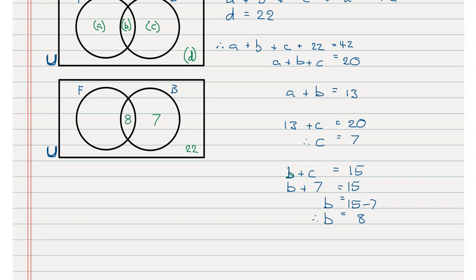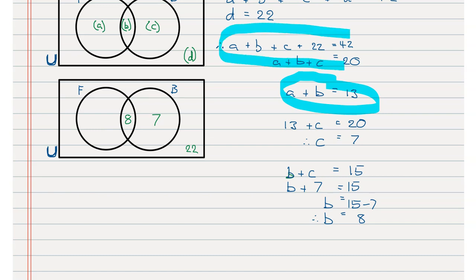And now we're left with one final value we need to solve for. Now recall, we could do it two ways. We could grab this equation up here and solve it, or we could grab either of these two equations and substitute in B and C. I'm going to take the easy route, and I'll take this one here, and we'll say A plus B equals 13.